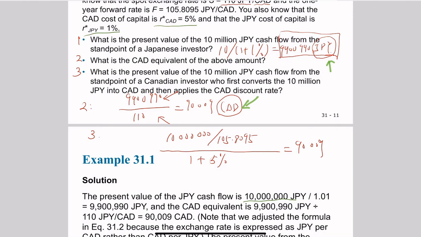And then for problem 3, it's the second method we discussed. You would first convert the foreign cash flow into domestic cash flow. And then you would discount the domestic cash flow by the domestic cost of capital. Right? Obviously, in the perfect world of internationally integrated capital markets, these two methods should give you the same answer.